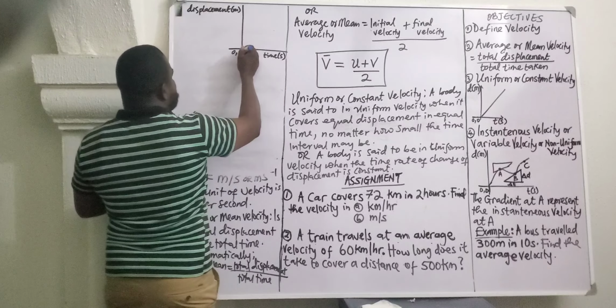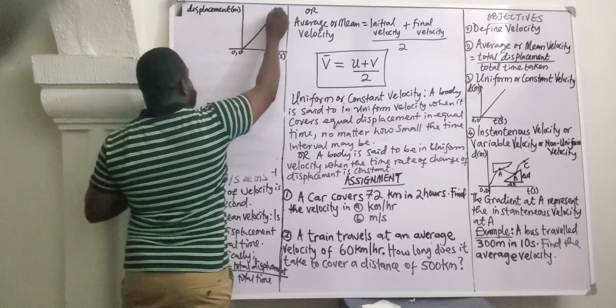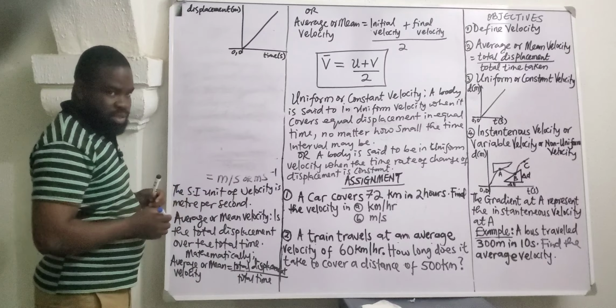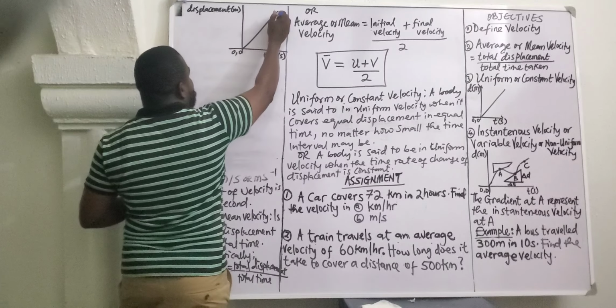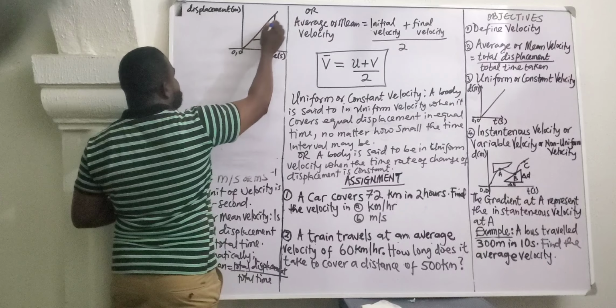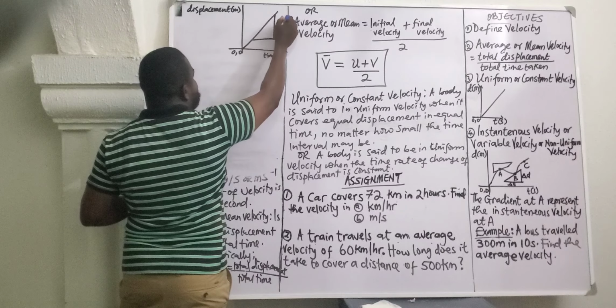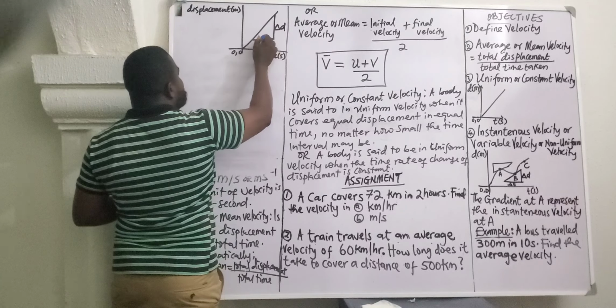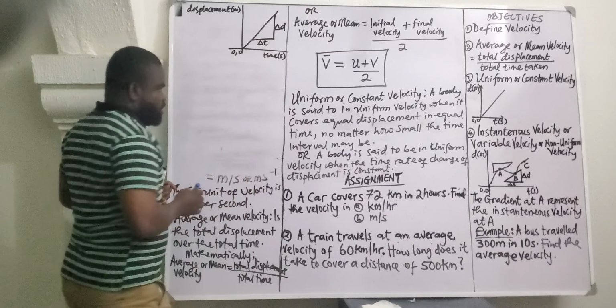The origin is 0, 0, and we have it as a straight line graph. Then the slope of this graph will represent the uniform or constant velocity.